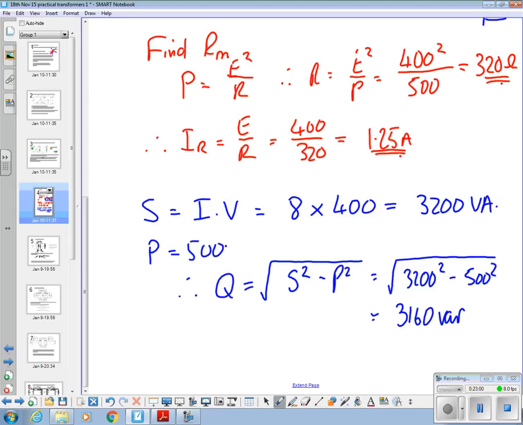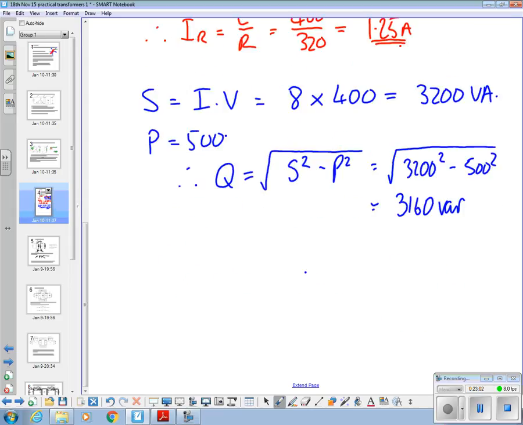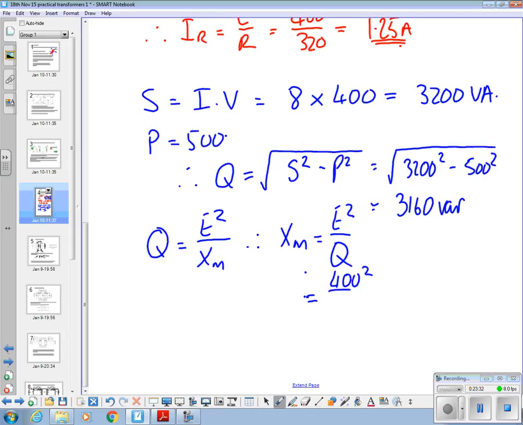Next bit. Figure out Xm with Q equals E squared over Xm. Therefore, I'll rearrange that: Xm is equal to E squared over Q. That's equal to 400 squared over 316.